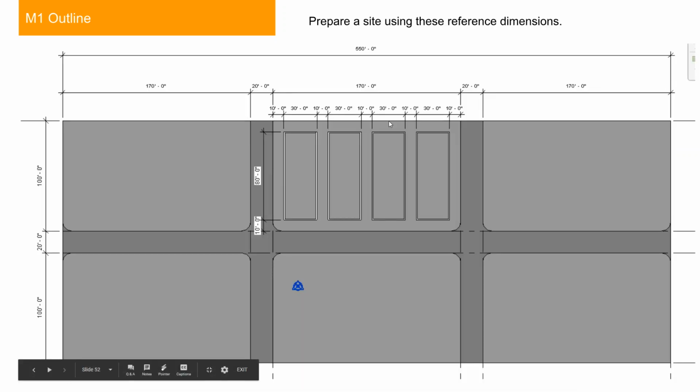And finally, this is a reference that we'll use when we get into the video. It dimensions out the sites and the building footprints on our drawing. So you can use this while you're working through the video to establish your distances on everything. So this is your start to moving into the actual construction of our first project. Good luck.